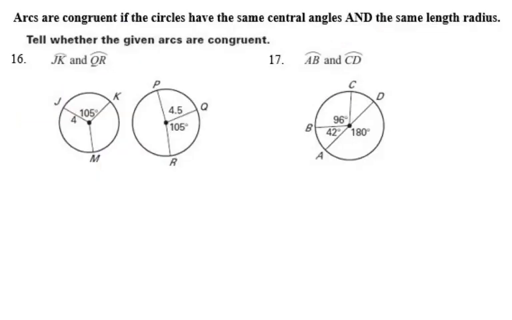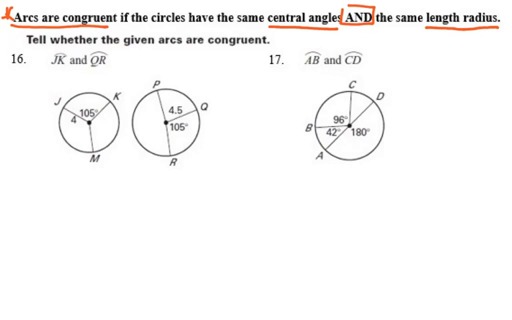Really quick, we're going to take a look at one last concept, and that's that arcs are congruent if the circles have the same central angles and the same length of radius. So both of these conditions have to be met in order for arcs to be congruent to one another. If I take a look at my first example here, we have that our angles are both congruent to each other.